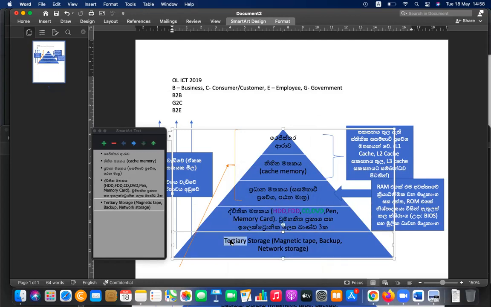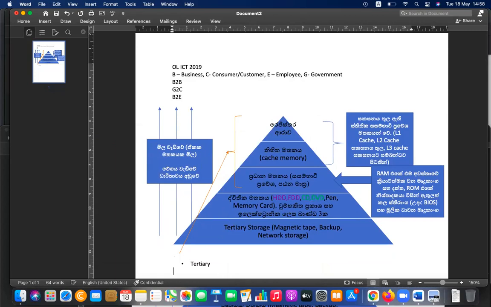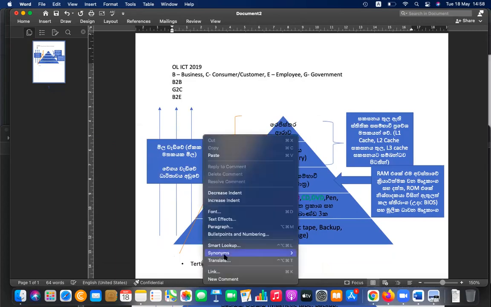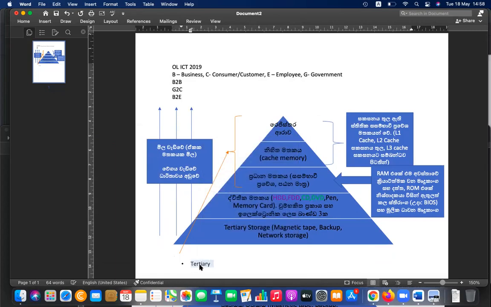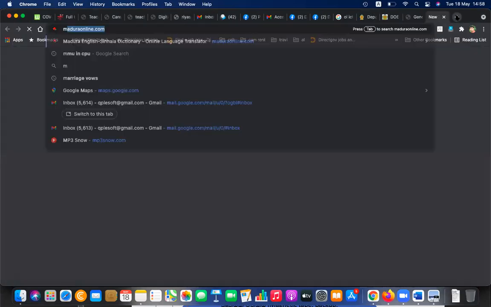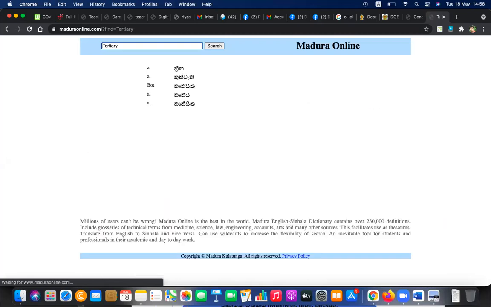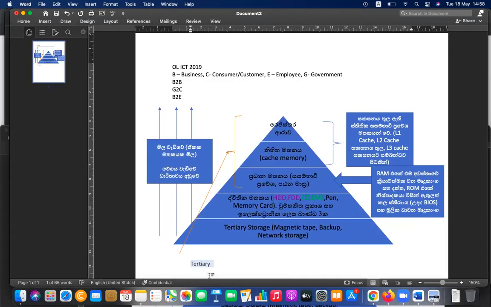Let me check whether the word is tertiary or territory. Yes, it's correct: tertiary storage.